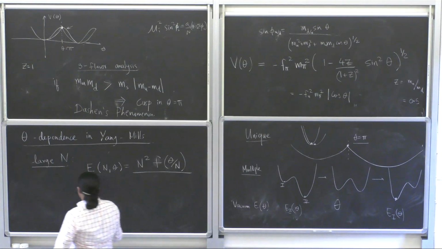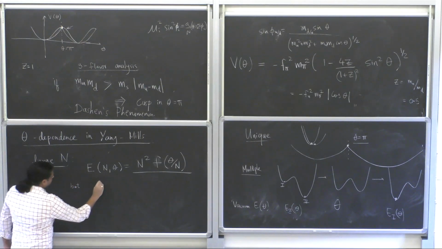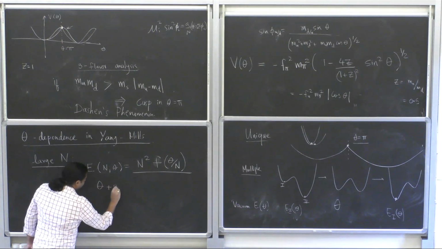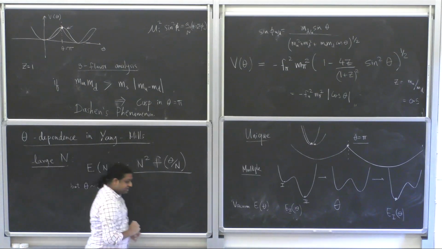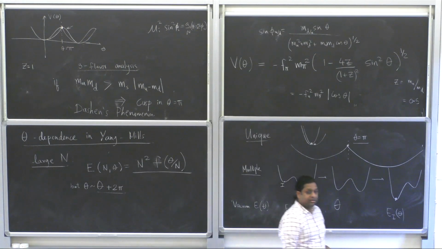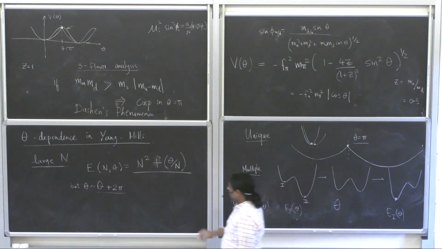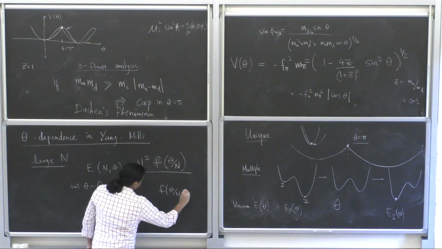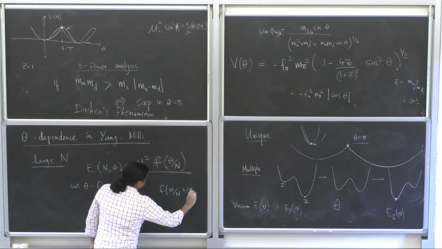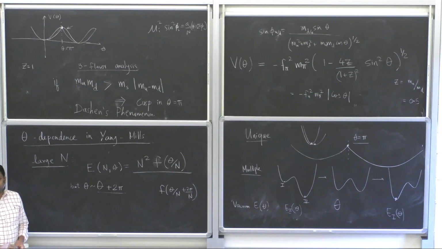But then this seems to be in contradiction with the fact that this physics is supposed to be periodic in theta. If you take theta going to theta plus 2 pi, a generic function of theta over N would just go to this, and there's no reason why this would be periodic again.